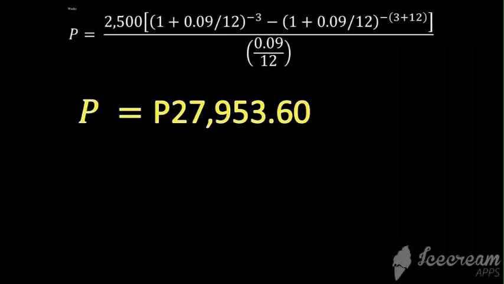The same value that we get in the first method that we used earlier.